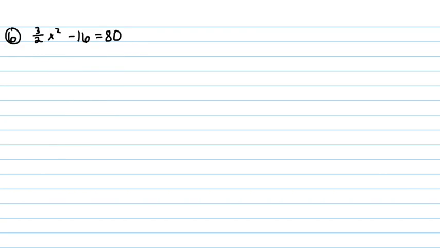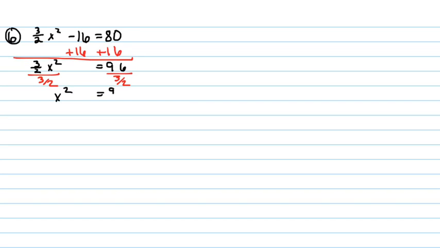This next one, add 16 to both sides. I have 3 halves x squared is equal to a positive 96. I'm going to divide both sides by 3 halves. And remember, when I'm dividing by a fraction, that is the same thing as multiplying by the reciprocal.